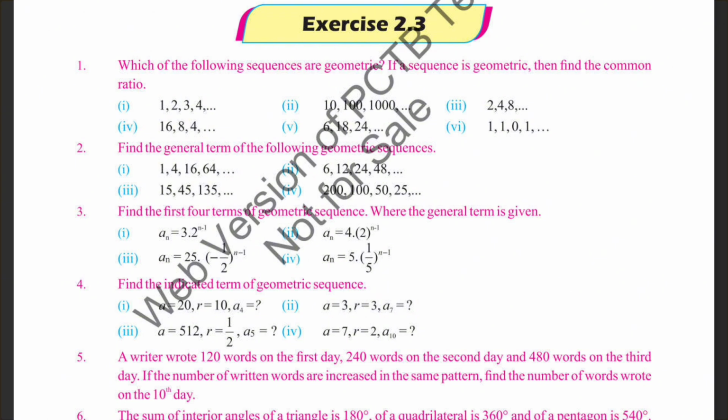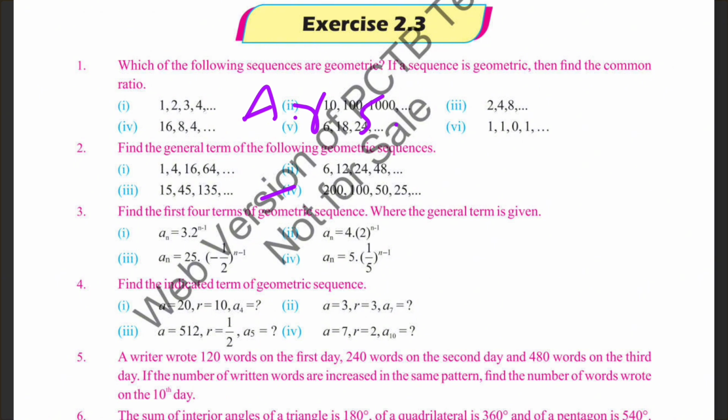Question number 1, exercise number 2.2, and there we found arithmetic sequences. In the arithmetic method we add a value, and we find the next term.